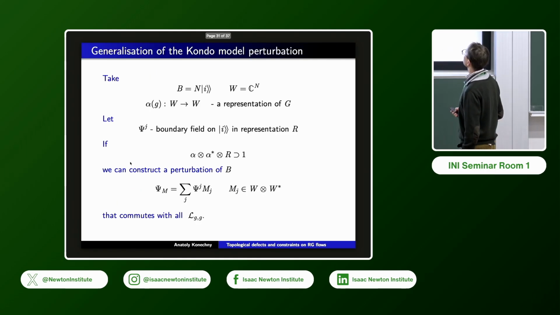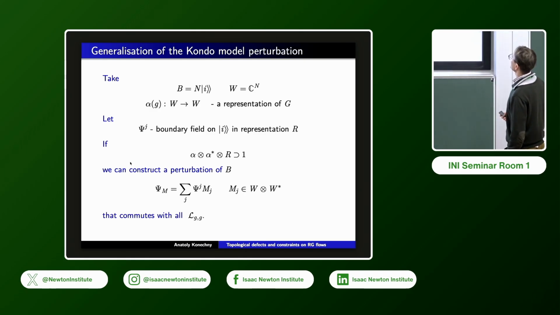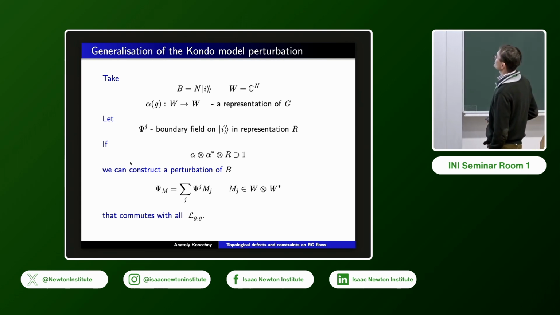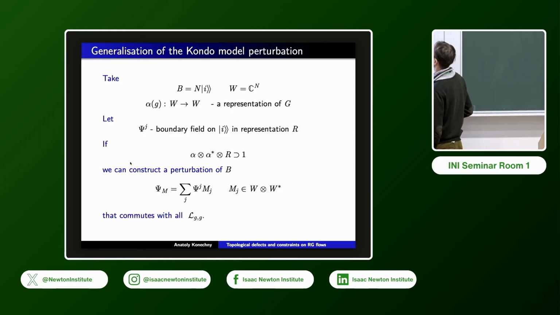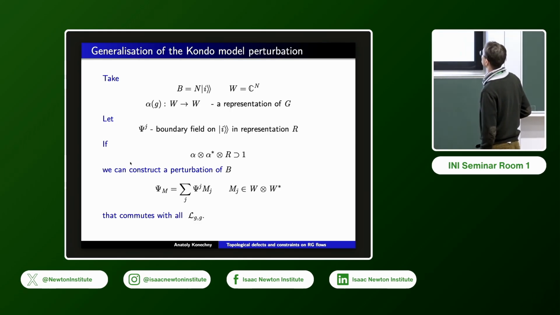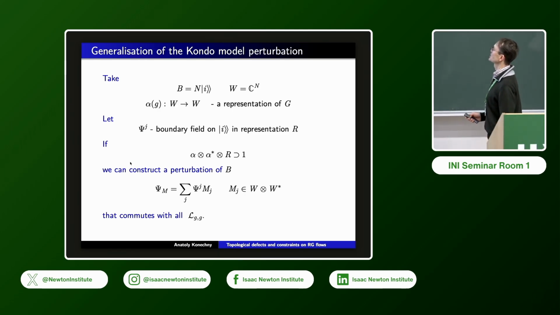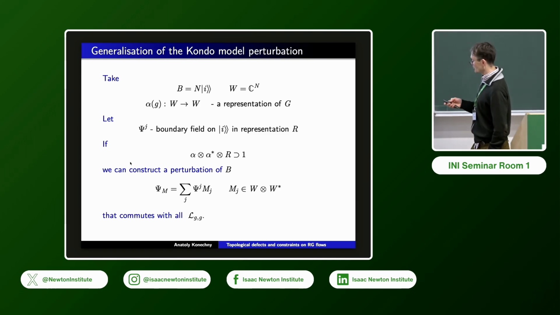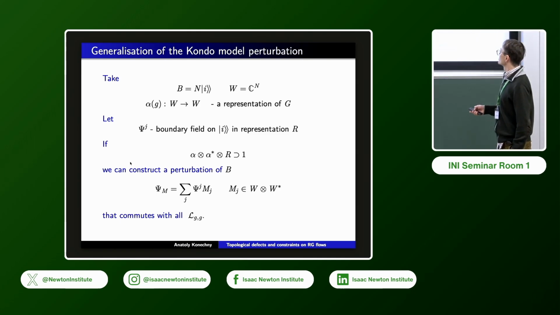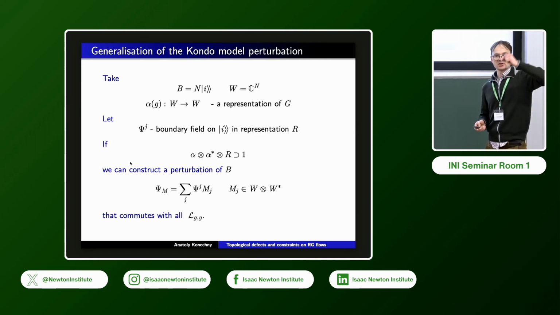So you can choose that matrix to carry a representation of your group G. And then if your boundary field is in the representation R of the group G, then if you satisfy this simple condition, namely alpha star R, just the tensor product of group representations, if it contains the identity, then you have here an invariant tensor, and you can construct a perturbation which will commute with all the group defects which are attached through this particular junction.